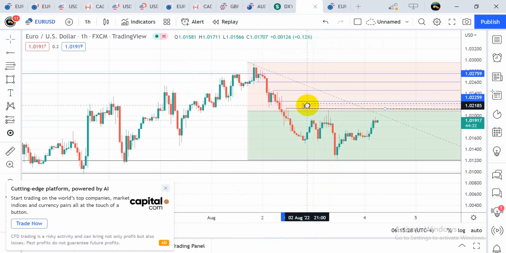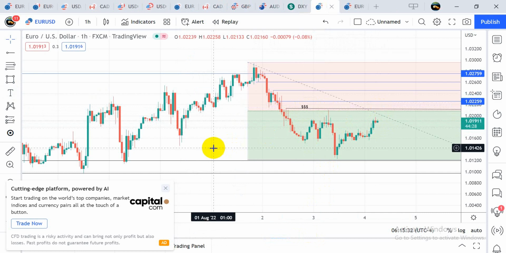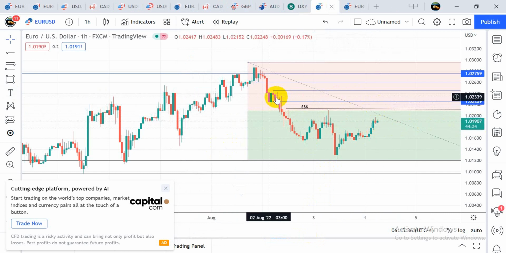This is what I'm really expecting: yesterday's high to be taken in Euro USD, and for price to key off from this other block. This other block is now an area of premium, so we can see price gravitate towards that level, or go up here to reprice and rebalance this fair value gap right here.